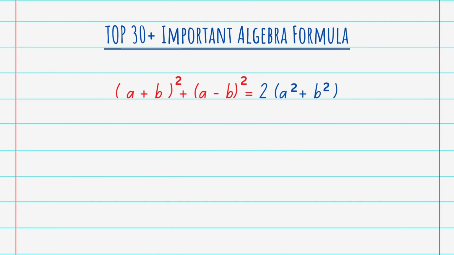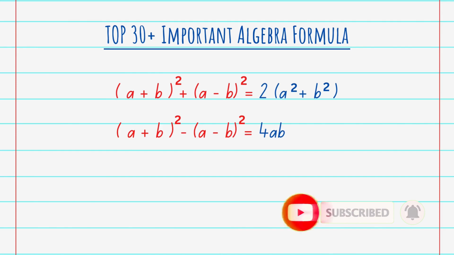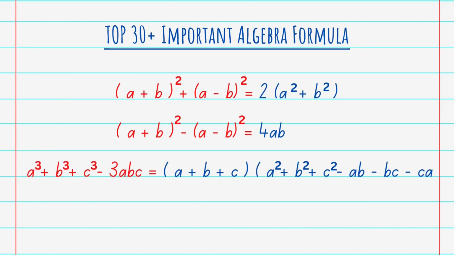Then our next formula is (a + b) whole square plus (a − b) whole square is equal to 2 into (a² + b²). Next is (a + b) whole square minus (a − b) whole square, which is equal to 4ab. a³ + b³ + c³ − 3abc is equal to (a + b + c) into (a² + b² + c² − ab − bc − ca).